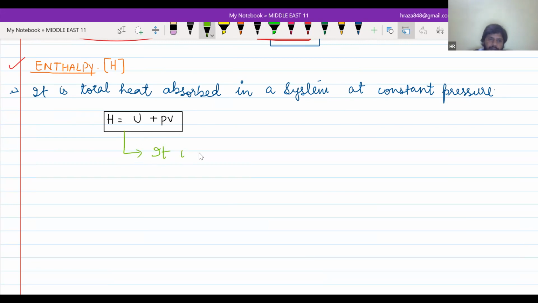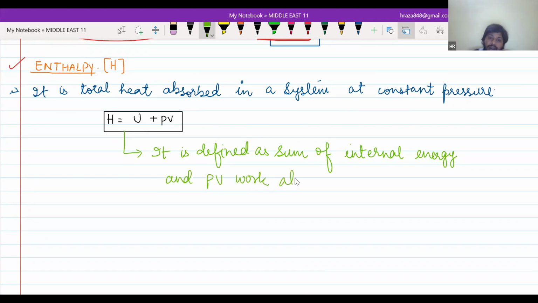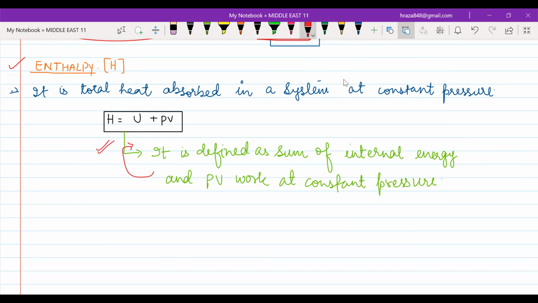It is defined as the sum of internal energy and PV work at constant pressure. From this definition, this mathematical formula comes. Is that clear, Krishna? Yes, sir.